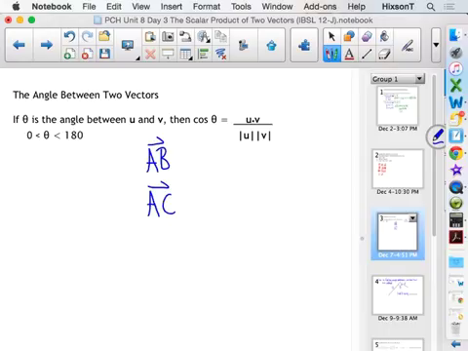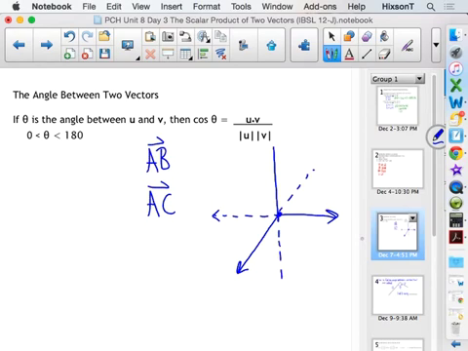In geometry, we know that any 3 points define a plane. Okay? So, while we've graphed things in 3D, it's kind of hard to see the vectors and know exactly what's going on.